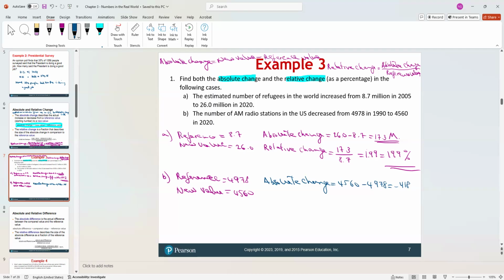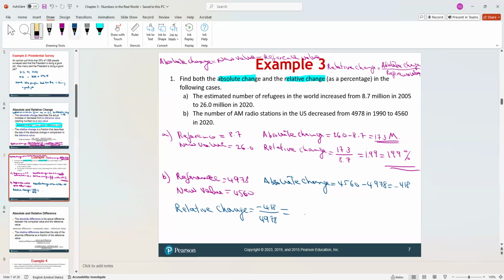So now if you go with the relative change, remember that should be in percentages. That means negative 418 over the reference number, that is 4978. Now, when you divide these two, it gives you a decrease of 8.4, or we can express it in decimal first.